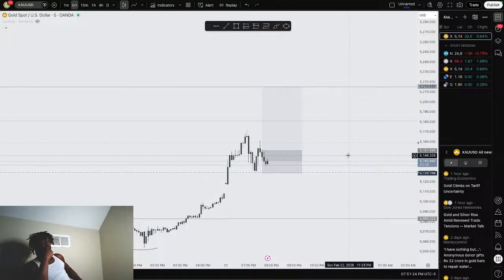Because all of this, even the market, understand that it's not here for our benefit. It's here for their benefit, because we are making hundreds, thousands, tens of thousands, hundreds of thousands, us as retail traders.